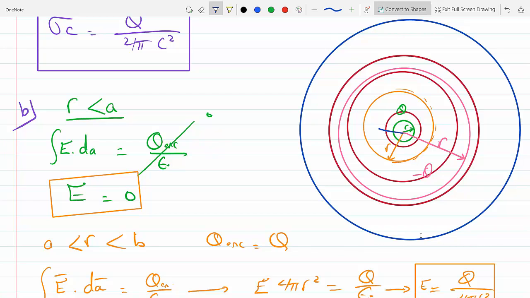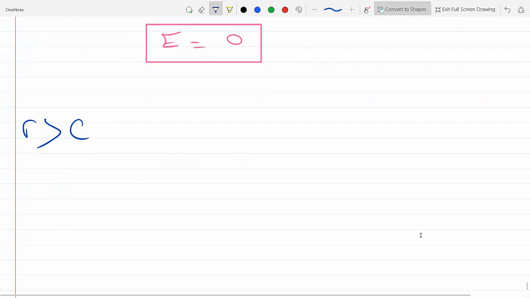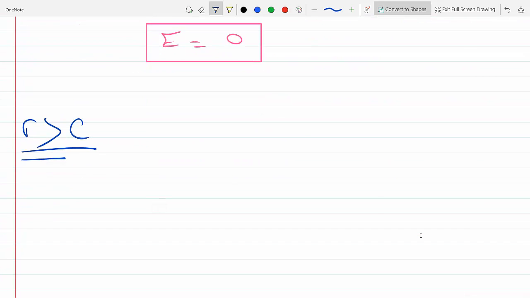So now this is my R, and clearly, we said that the outer shell has a Q here, so that means Q enclosed will equal Q minus Q plus Q, which is Q.